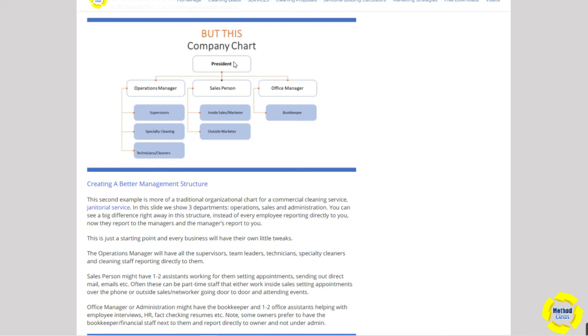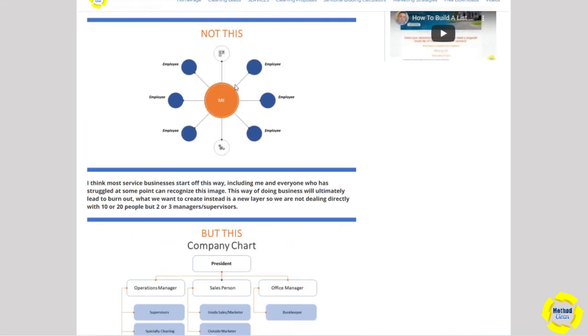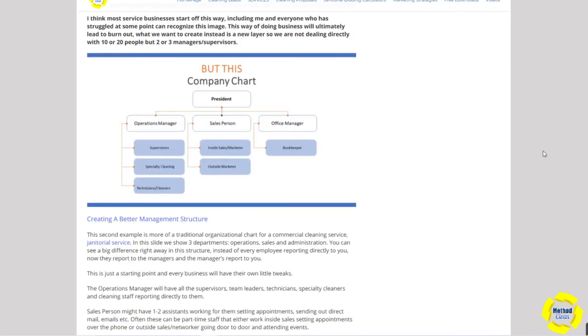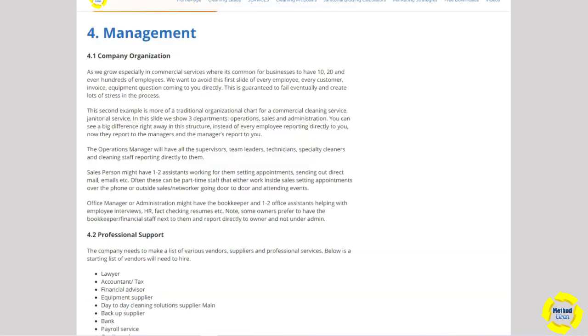But this is the goal, even if it's not an operations manager, it might just be a supervisor. But the point is to avoid this, because this will end badly, and that's why we want to create some kind of a structure, so we're not dealing with every tiny little problem.